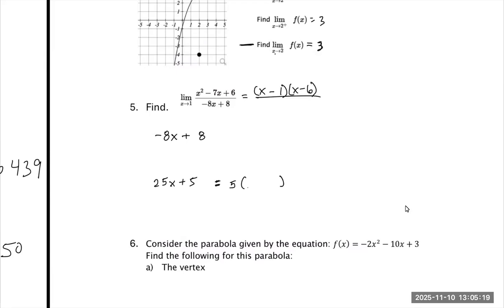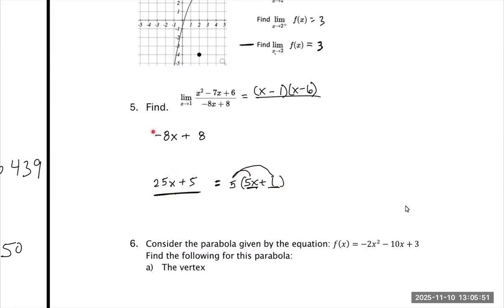Then 5 times what equals 25x? 5x. Then 5 times what equals 5? Plus 1. If I multiply this expression out, 5 times 5x gives 25x, and 5 times 1 gives 5.